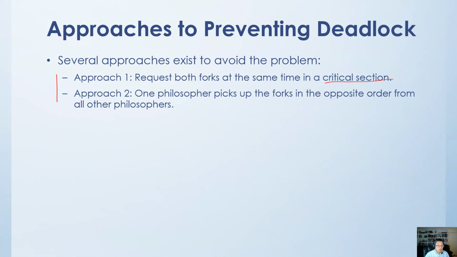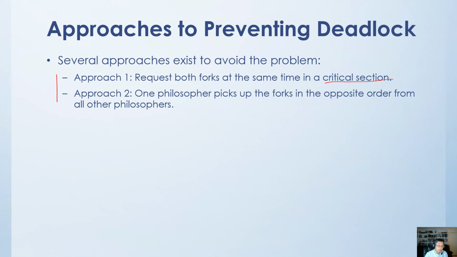How can we achieve this in reality? You can do this by the following approach. You pick the left fork, and then try to pick the right fork. If the right fork is not available, then the philosopher needs to release the left fork it already grabbed.